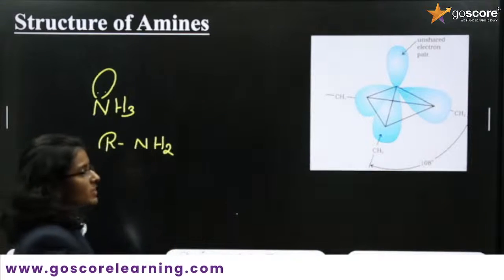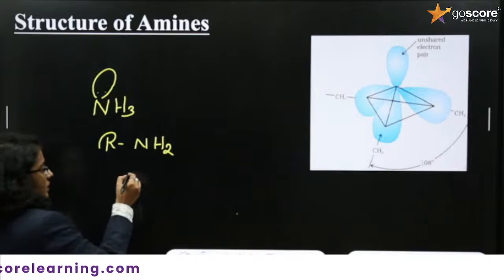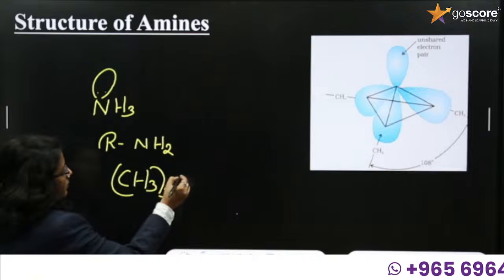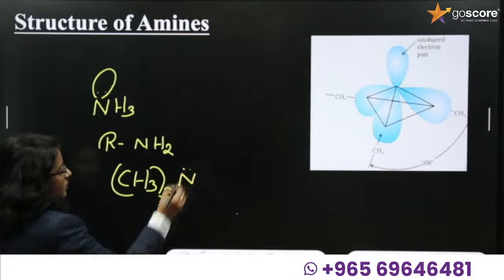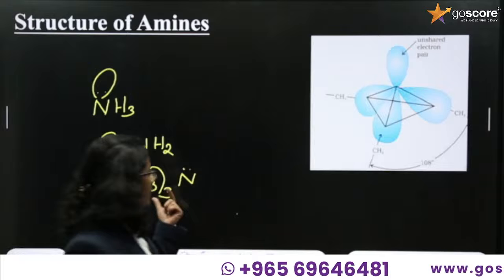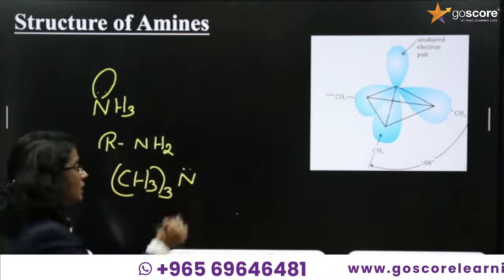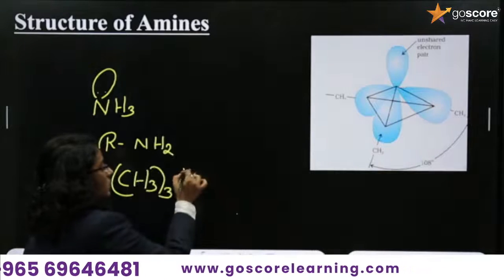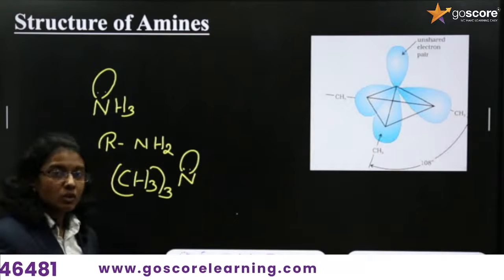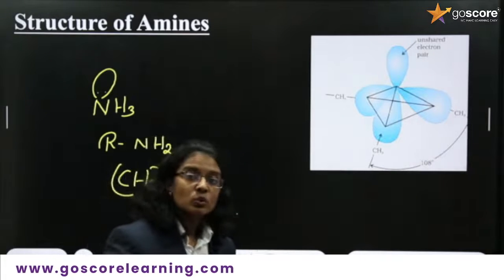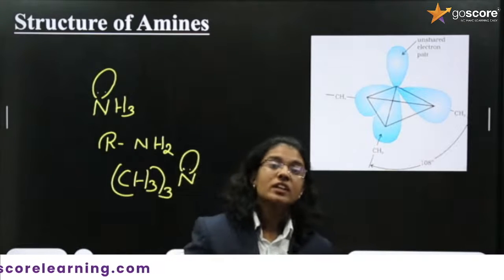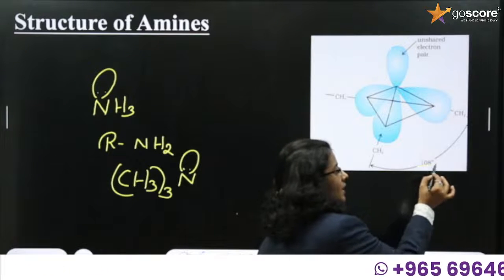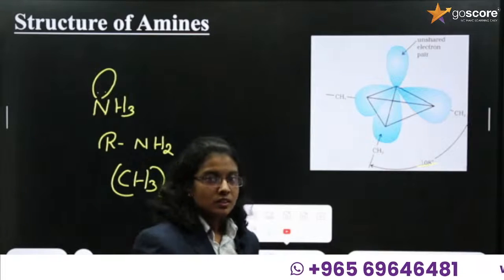If you consider the example of trimethyl amine, (CH3)3N, you can see that the nitrogen contains a lone pair. Because of the presence of the lone pair of electrons, the bond angle is reduced from 109.5 degrees to 108 degrees, as you can see in the figure.